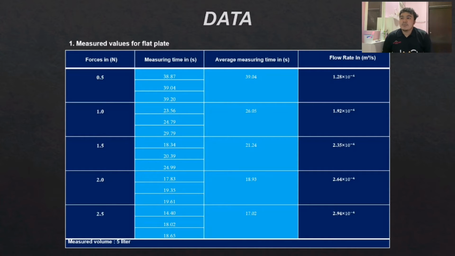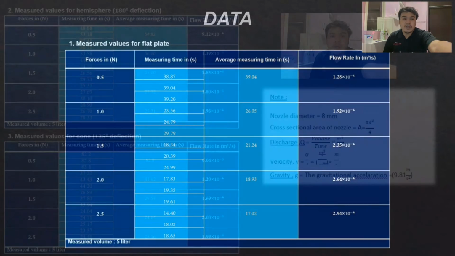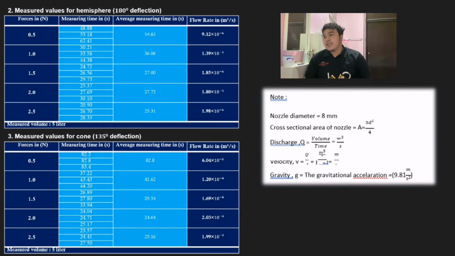The next slide is the data. Number 1 is measured values for flat plate. Number 2 is measured values for hemisphere, 180 degrees deflection, and number 3 is measured values for cone, 135 degrees deflection. Okay, on the side there is a note on the calculation method.